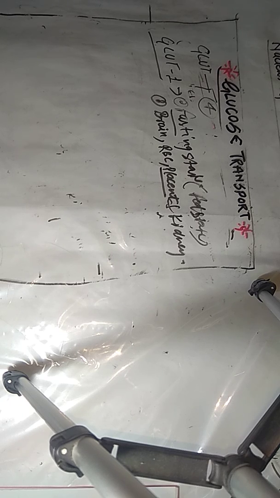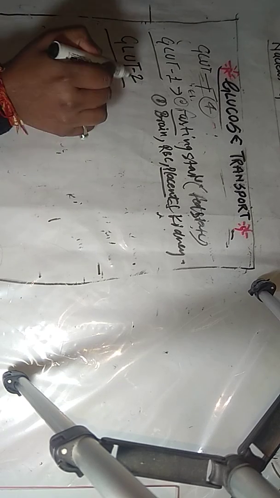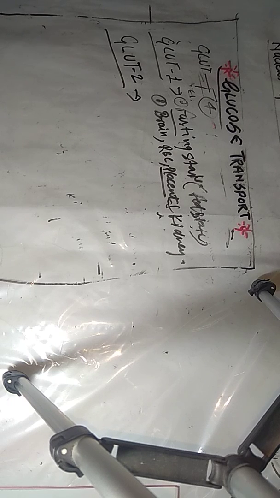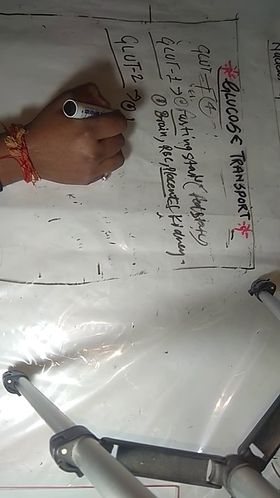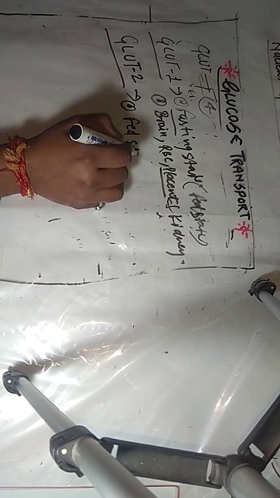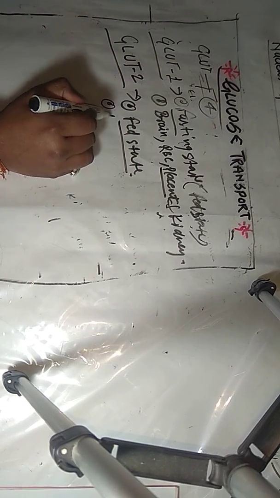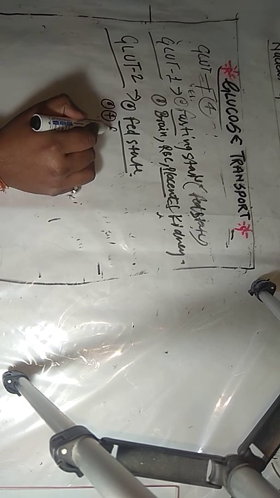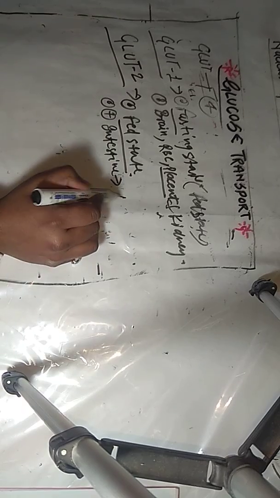Now after this, GLUT2, glucose transporter 2. It works in the fed state, right? It is present in the intestine and works in absorption.